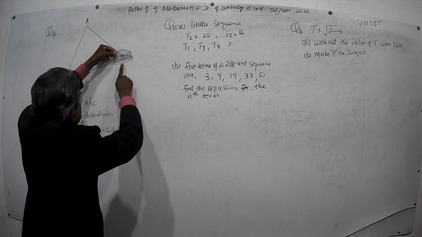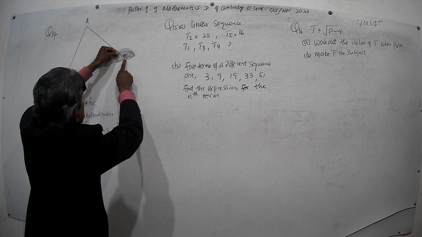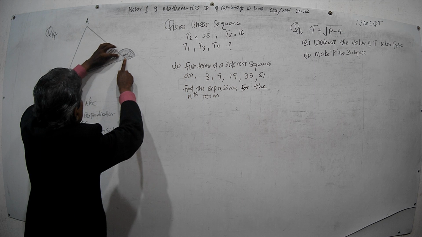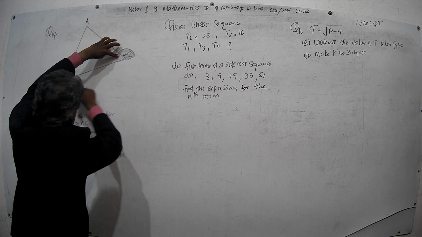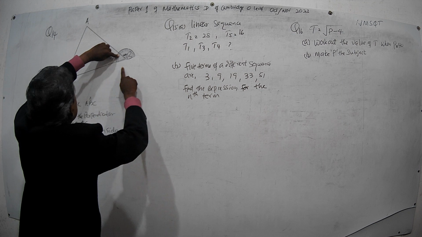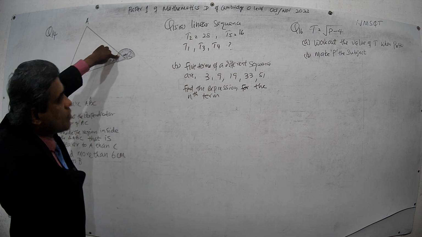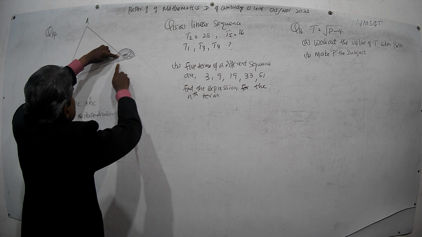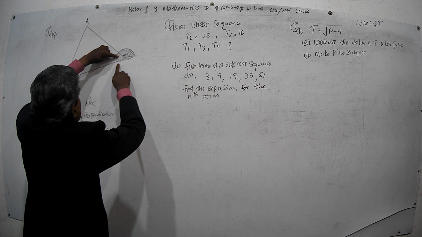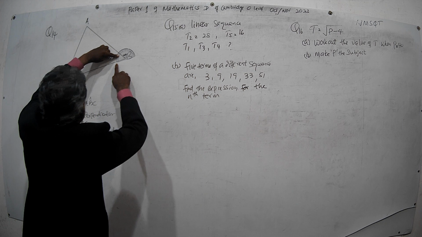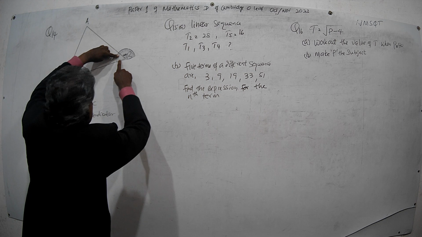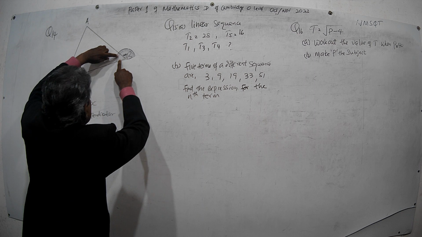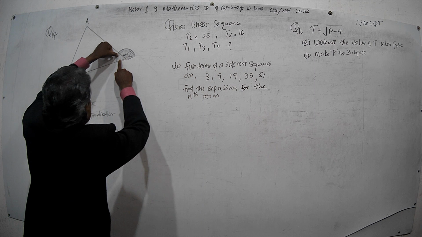Then you keep the center of the protractor at B and keep the baseline on the BC arm of the angle ABC, right? Then you read from the end where you have kept the baseline on the straight line CB, and read from 0.